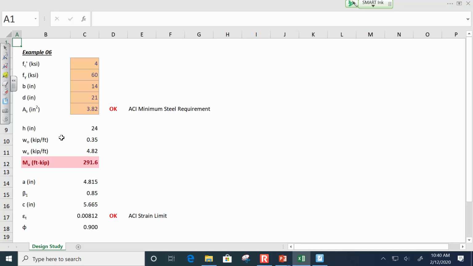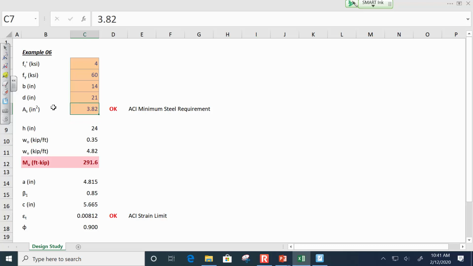I wrote it just for this problem, but the spreadsheet is a bit smart in that if I change the area of steel, it will tell me whether or not the steel minimum reinforcement requirement has been met. For example, if I go here to the area of steel and change it from 3.82 to 0.2, it tells me that the area of steel requirement has not been met. So it'll go through and smartly figure this stuff out, okay?